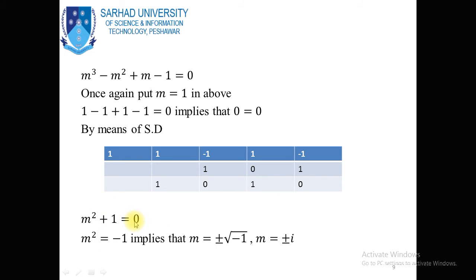M square plus 1 is equal to 0, and now m square is equal to minus 1. This implies that m is equal to plus minus under root minus 1, and under root minus 1 is actually equal to iota. So in this example we obtain two real roots, 1 and 1. Roots are real and repeated, and the other two are complex roots.